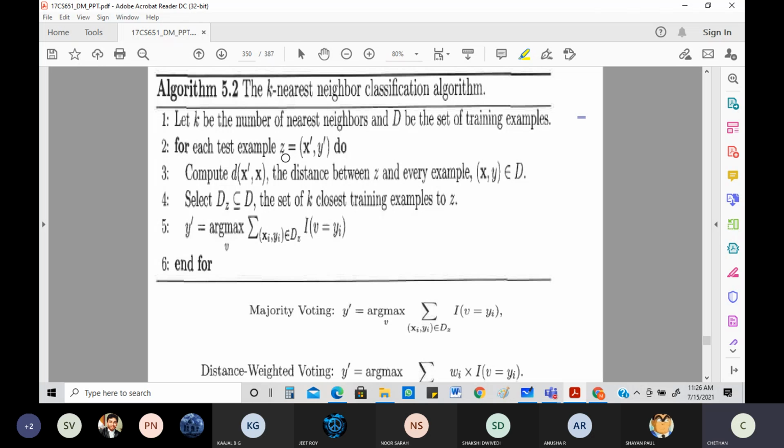For each test example, we are going to figure out a distance. How do you figure out the distance? We are going to compute d(x, y), the distance between z and every example. We generally use Euclidean distance, one of the simplest measures to calculate distance.